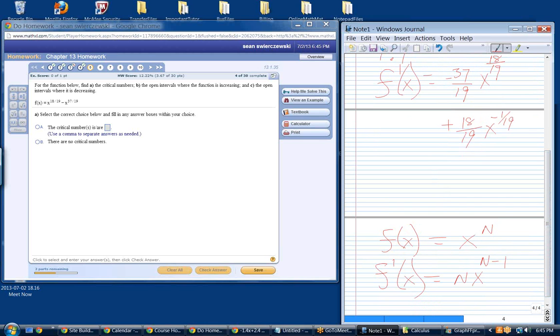And to find the critical numbers, we want to know where this might be equal to 0. Well, let's rewrite this so it's a little more intelligible. In the numerator, I've got minus 37/19ths x to the 18/19ths.